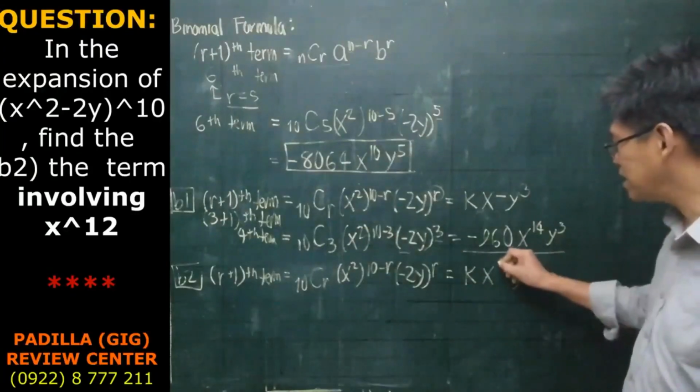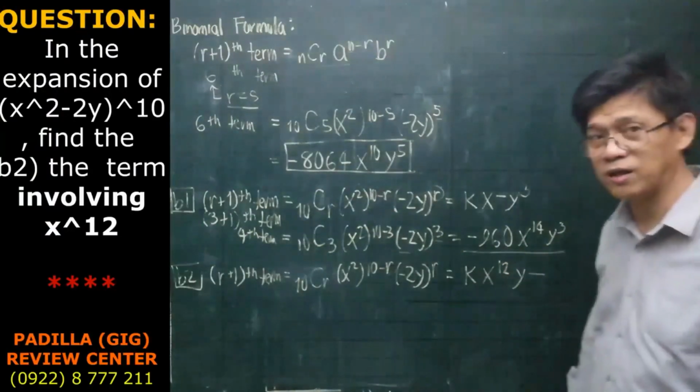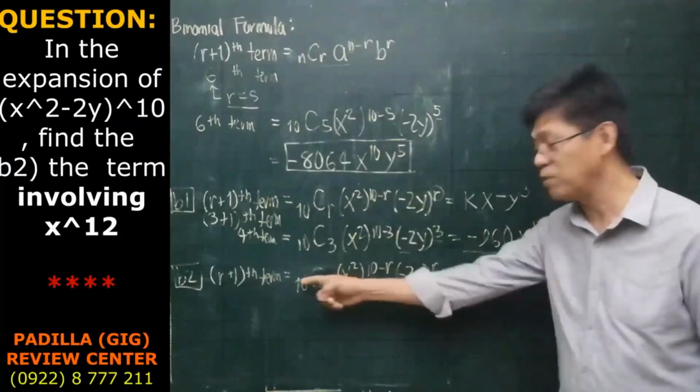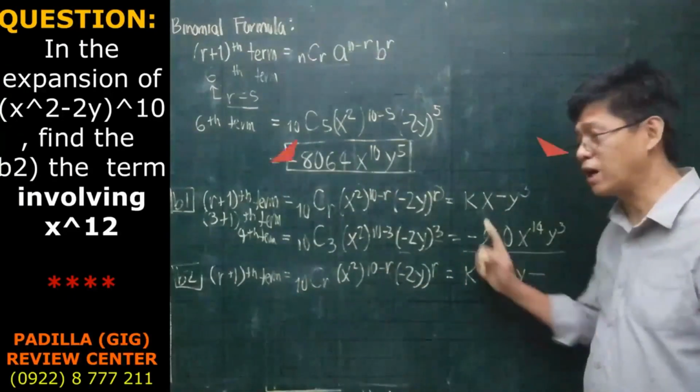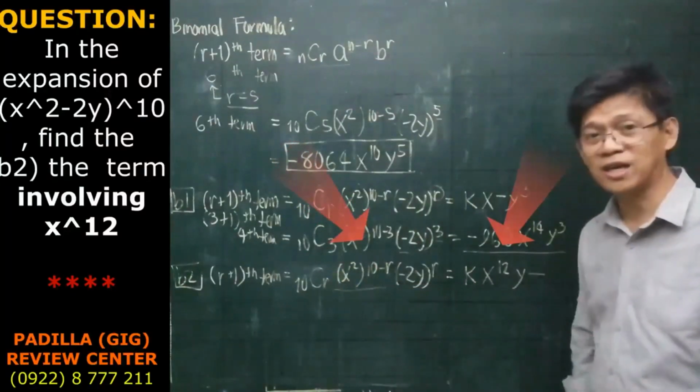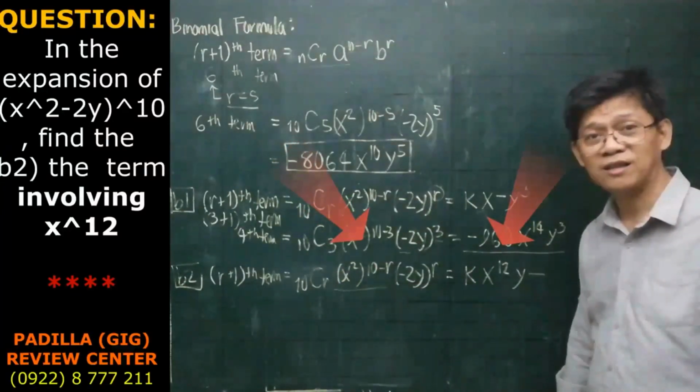So, what is the value of r that will give you x to the 12 when you simplify this? Naturally, an x can only come from an x. It cannot come from a y, right?